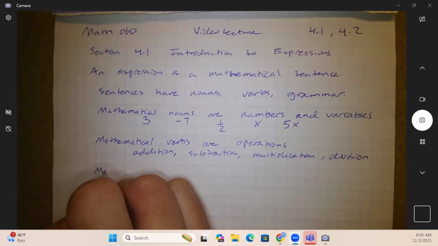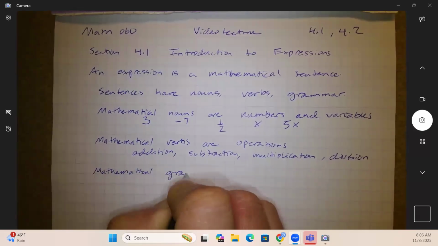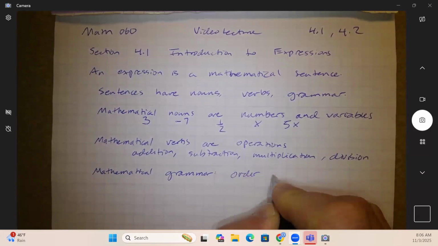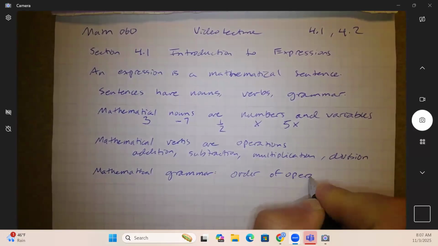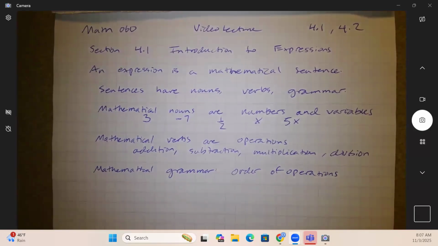And then mathematical grammar is basically the order of operations. This is one reason we spent time learning the order of operations, so that when we develop our expressions, we do them in the right order.